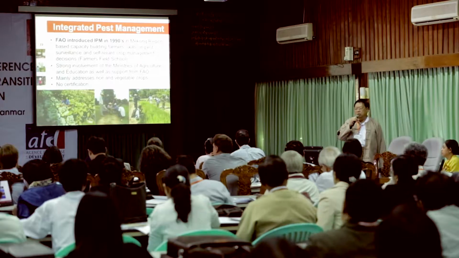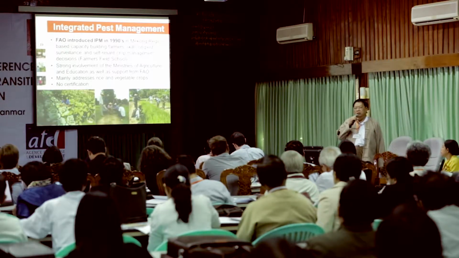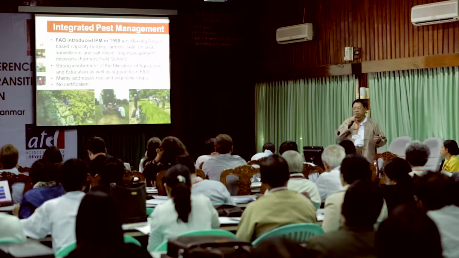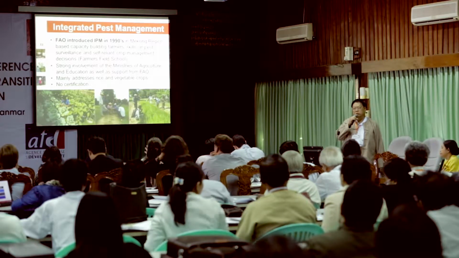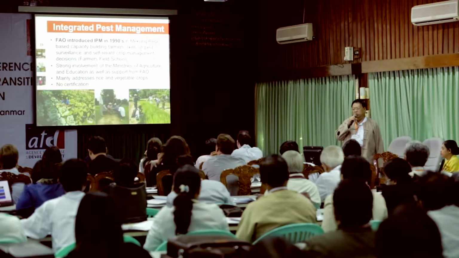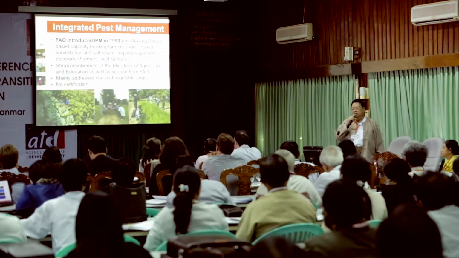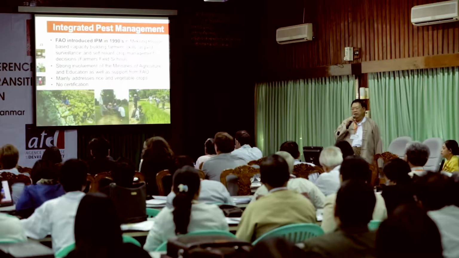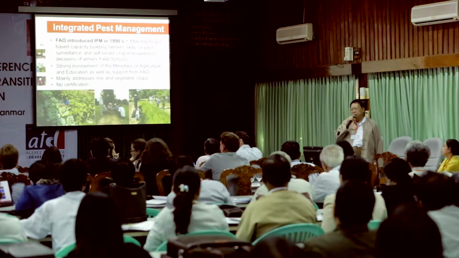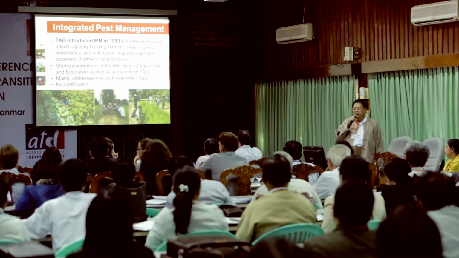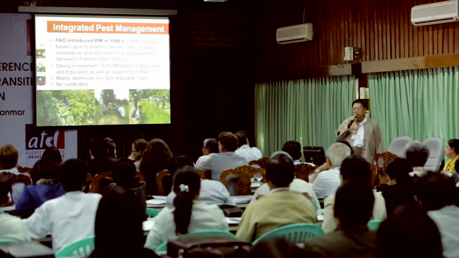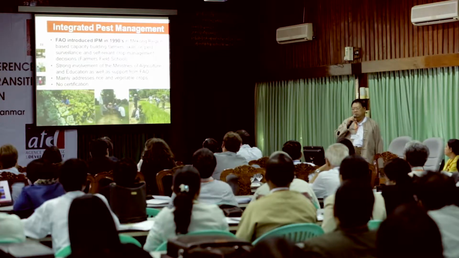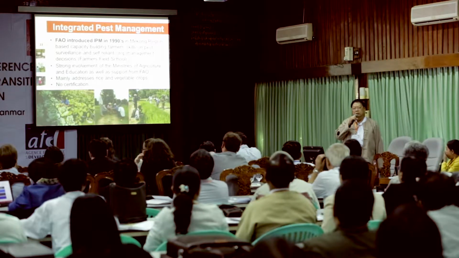This is actually unique because with IPM, the government also supported a lot. Strong involvement can be found from the Ministry of Agriculture and Education, as well as technical support from FAO. It mainly addresses rice and vegetable crops.